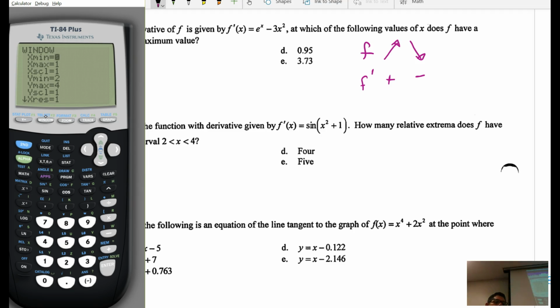Negative 1 to 1. What y values do I want to see? If I'm looking for the points where my graph changes from positive to negative, we want to see where y equals 0. We want to see the x-axis. Because if y values change from positive to negative, they have to cross the x-axis. Negative 1 to 1.